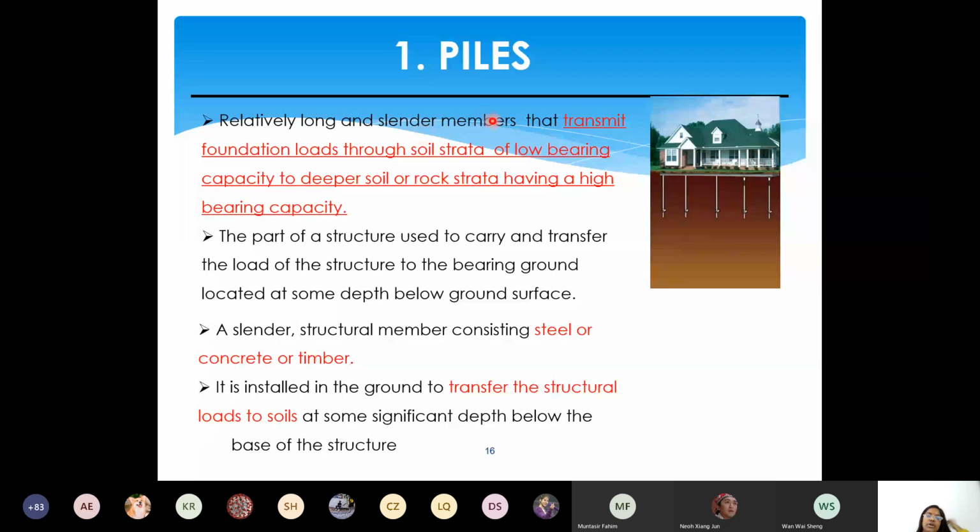Each pile may be 10 centimeters, 20 centimeters, square or rectangular or circular, to transmit the foundation loads through the soil strata of low bearing capacity to deeper soil or rock strata having a high bearing capacity. So the purpose is to transfer the load to the hard strata.